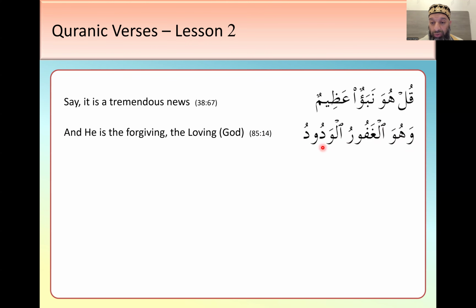Al-ghafuru al-wadudu. So here we're seeing two adjectives, and the adjectives match with each other as well. Here we don't have the actual noun itself, the name of the noun. What do you call it? Is it called the perfect noun, or I forgot what they call it now? Like when you say London, that's a noun.